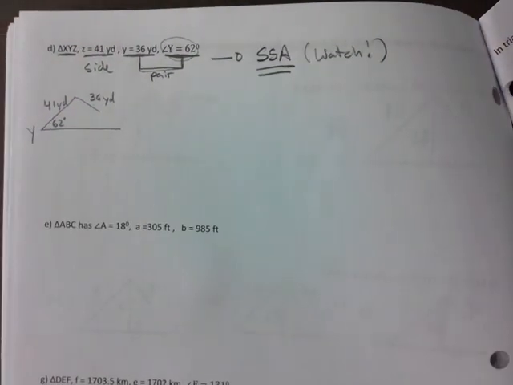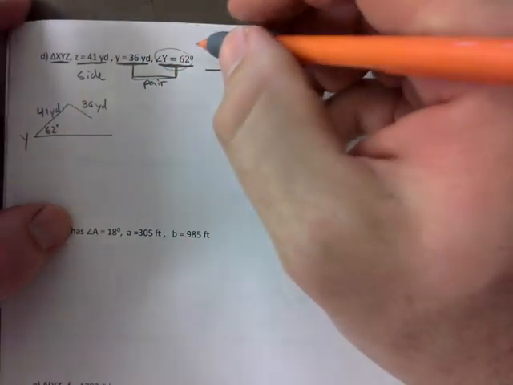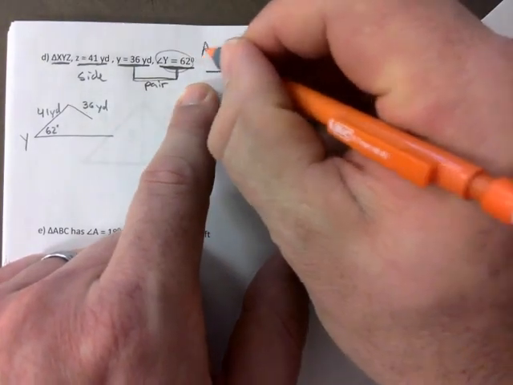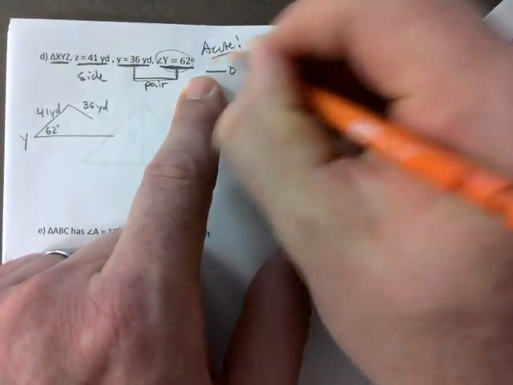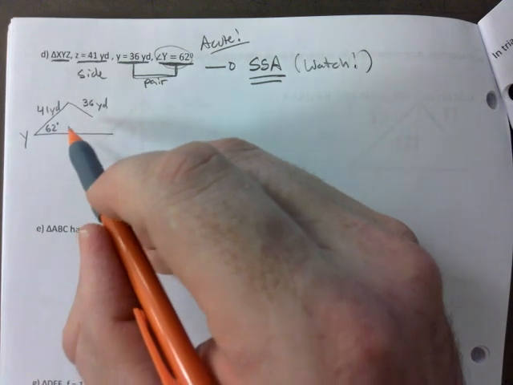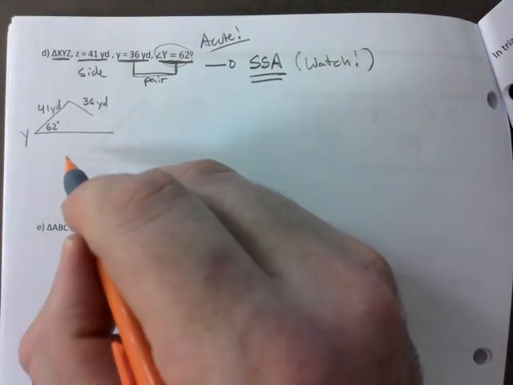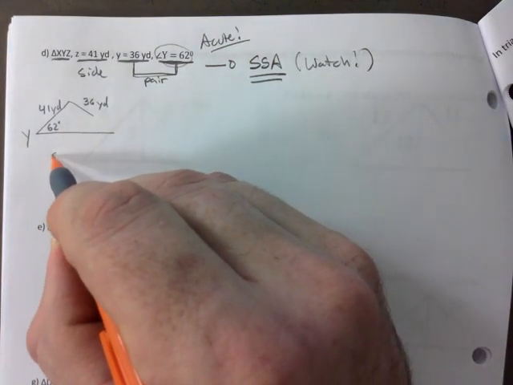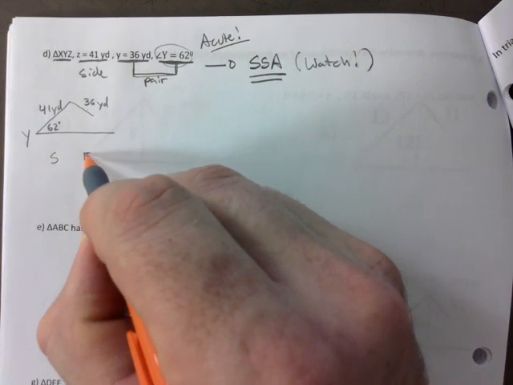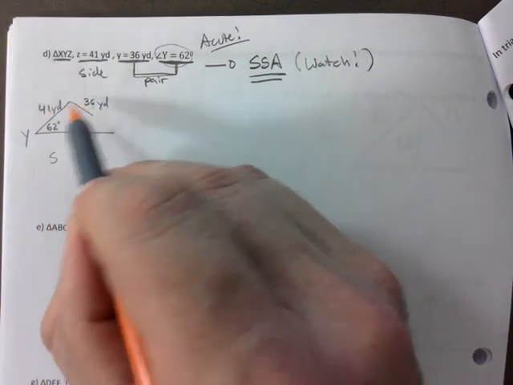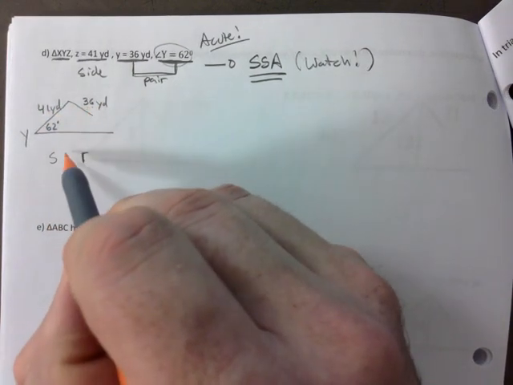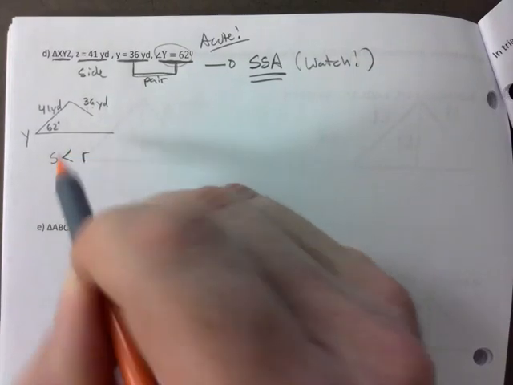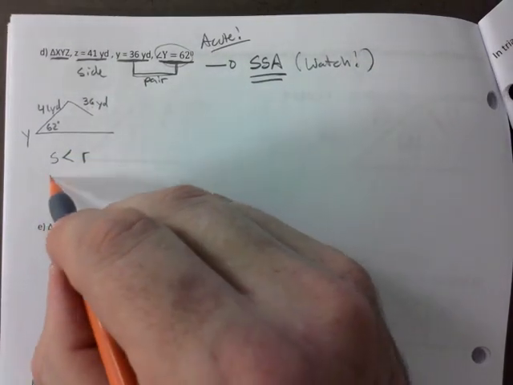So you set it up like that. Can we also make sure this is an acute angle? So what you want to do here is ask yourself, string and rod, what's happening here? Well, the string is shorter than my rod. You need to find the height.